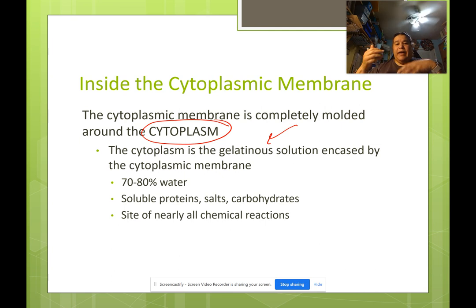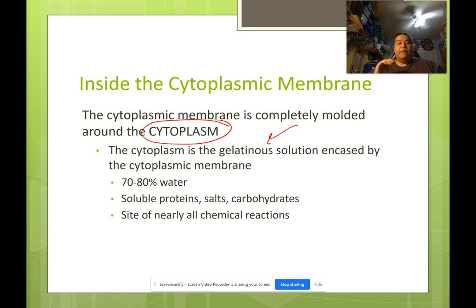So cytoplasm is about 70 to 80% water as far as the mixture goes. But other than that, things that you have inside of that jello, okay, that jelly, are going to be soluble, dissolvable proteins, salts. You know that if you put salt in water, it'll dissolve. Carbohydrates, if I put sugar in water, it'll dissolve.